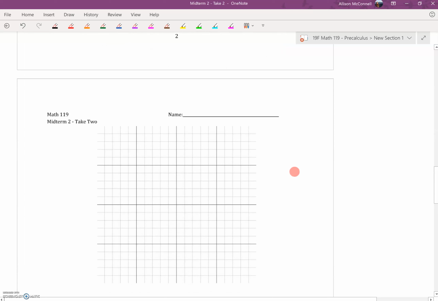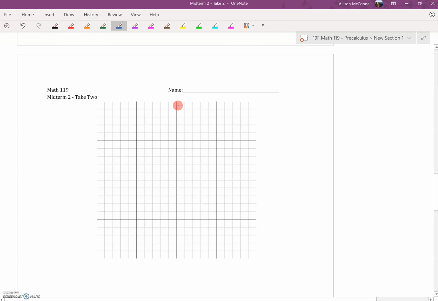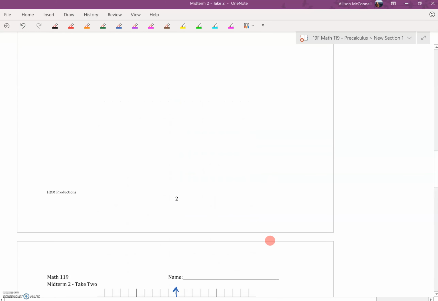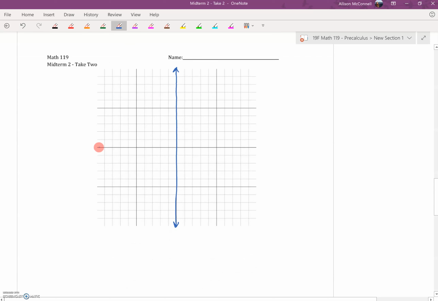Then when you're graphing, looks like my graph ended up printing on the next page on this one. But when you're graphing, we were extremely clear that you needed to have a set of clear scaled axes and clearly labeled key features. So this is how you do it without a graphing calculator. You know you have a negative leading coefficient, and so you know that your ends are going to be pointing down. You also know your roots.